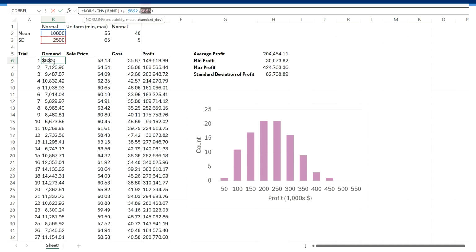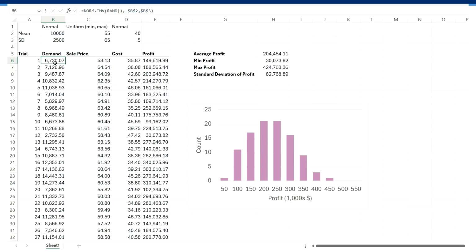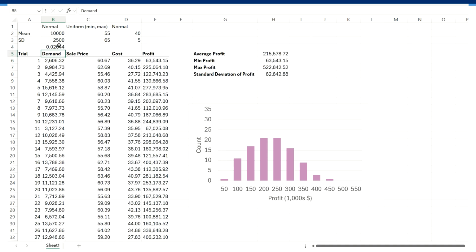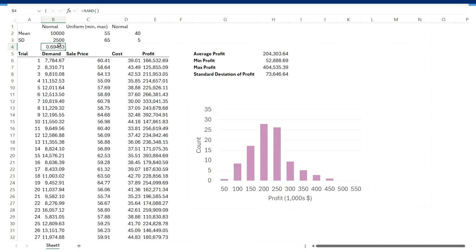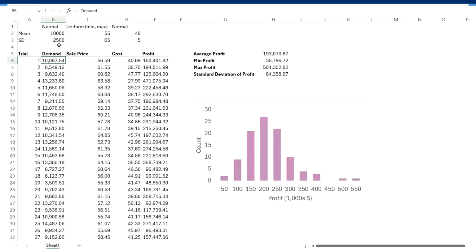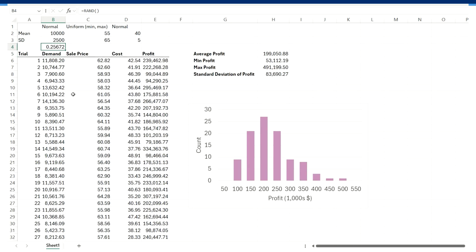That's how it's generating the 6,720.07 value from a random value. Let me write out the RAND function out here to see. The RAND function is some value from 0 to 1 every time. Based on that value, it's mapping out the corresponding random value from a normal distribution.